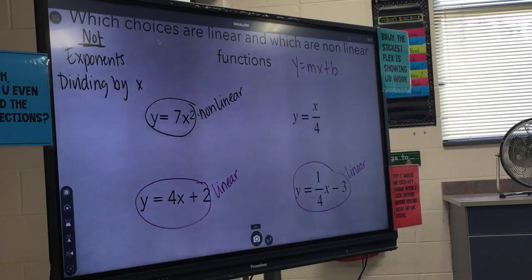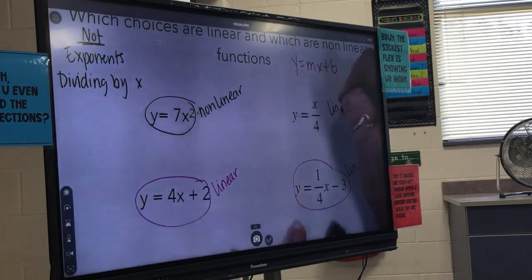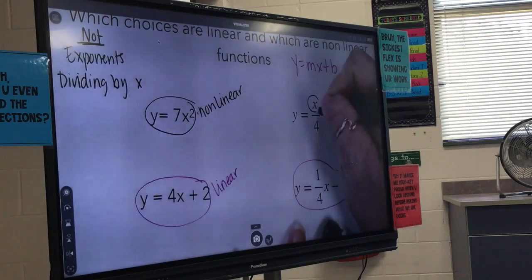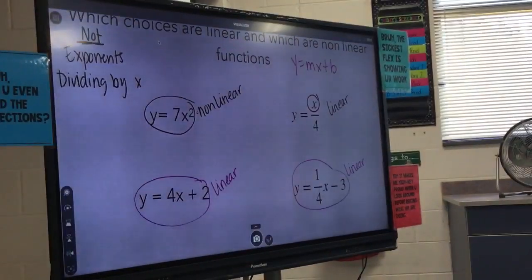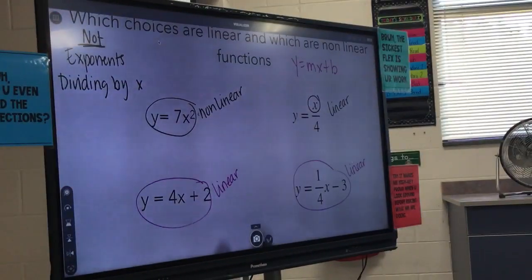So technically, could this be right? Yes, this is actually linear, because of the location of the x. Even though it doesn't have the plus or minus b, and you're right about that. They put that on there because a lot of you are going to say it doesn't have plus or minus b, so it can't be linear. That's not true. This is a linear equation right here. Please make sure you get that down.